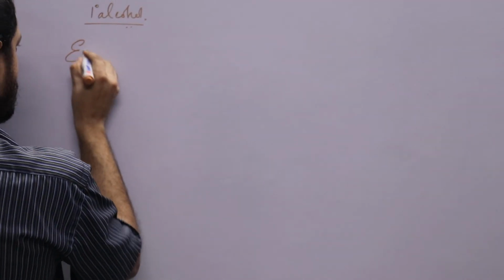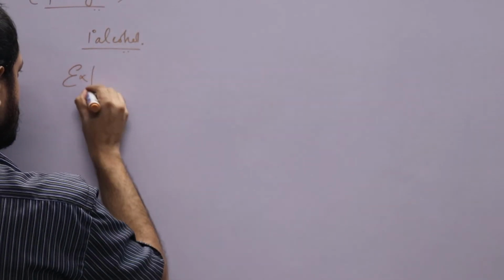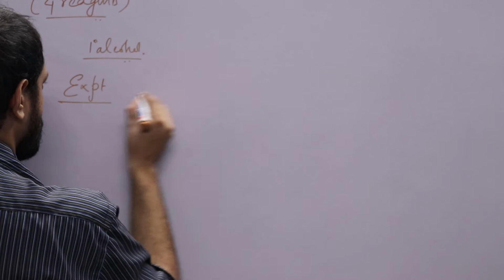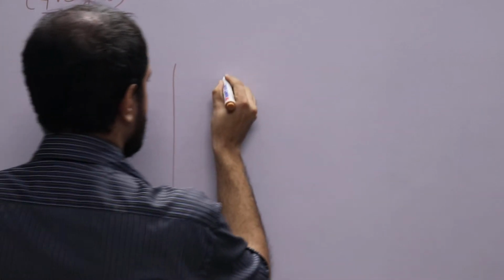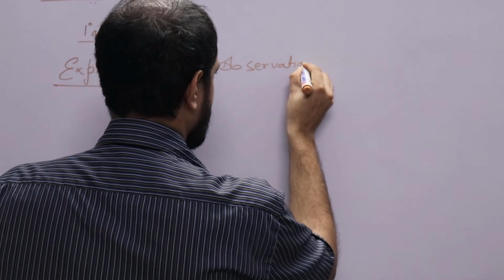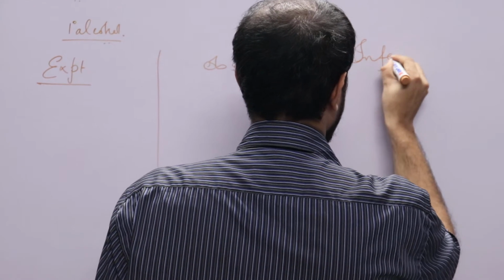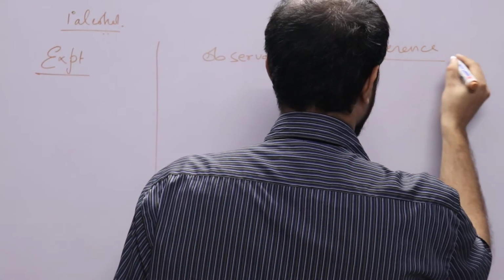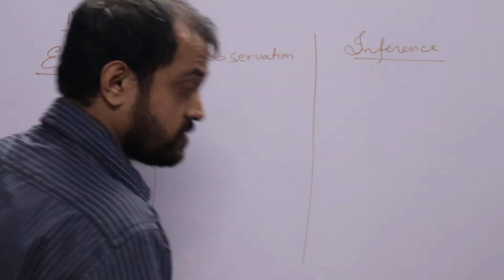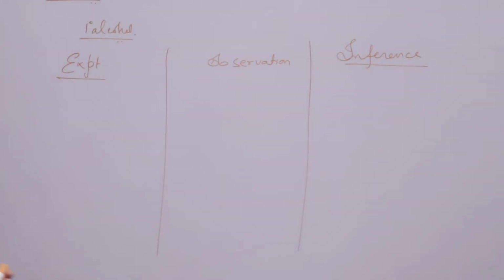So this is the experiment for that. You should have enough space for inference, because in the inference column you will have to write reactions. Okay, now listen.